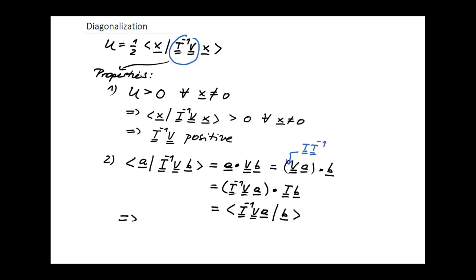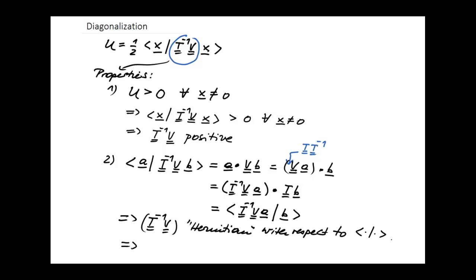So what this means is that T minus 1V, this product of matrices, is self-adjoint or Hermitian with respect to the new scalar product.